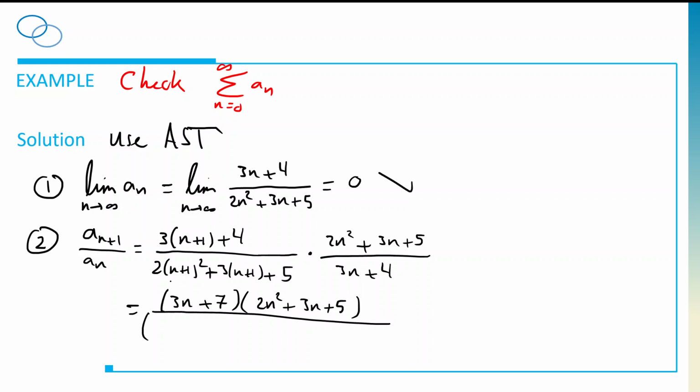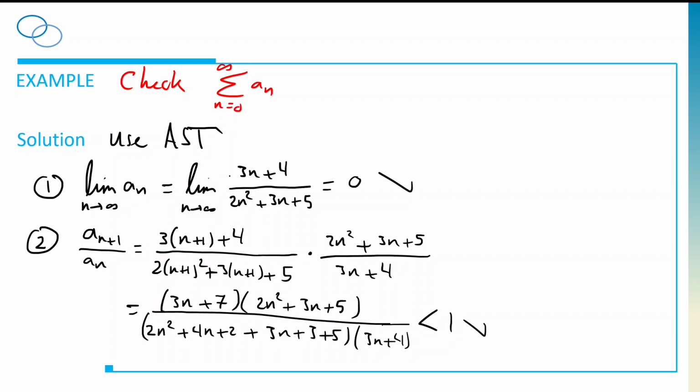Down you need to expand this, so this is (n squared plus 2n plus 1) times 2, so 2n squared plus 4n plus 2 plus 3n plus 3 plus 5, and here I have 3n plus 4. If you compare these two, you'll notice the numerator is smaller than the denominator. So this is less than 1, which is decreasing. So this is the second condition, it's decreasing.